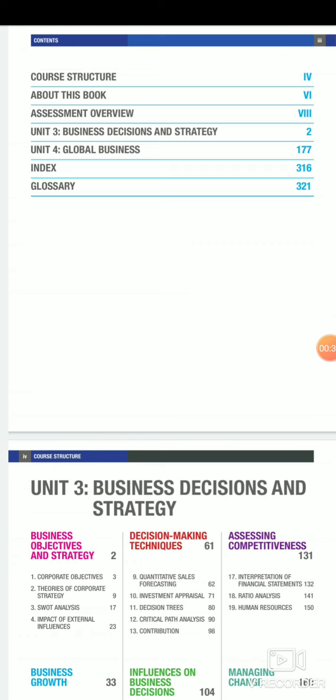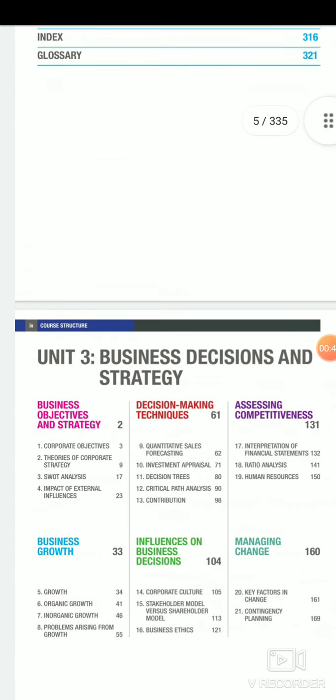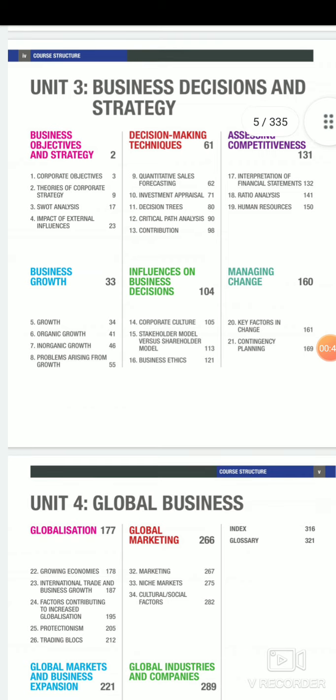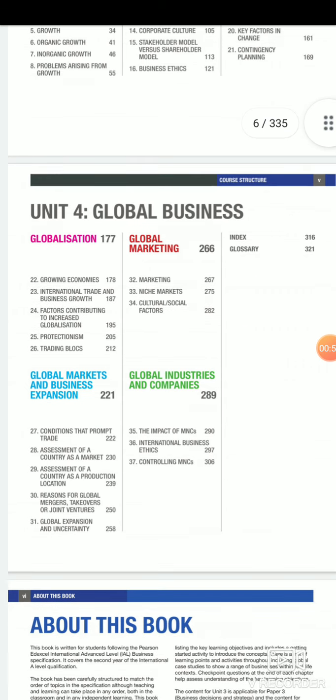So you will be dealing with Unit 3 and 4 papers in this book, as it's the second year of your A-levels. Unit 3 is further broken down into 6 sections, built in with 21 chapters, and Unit 4 is built in with 4 main sections from chapters 22 to 37.